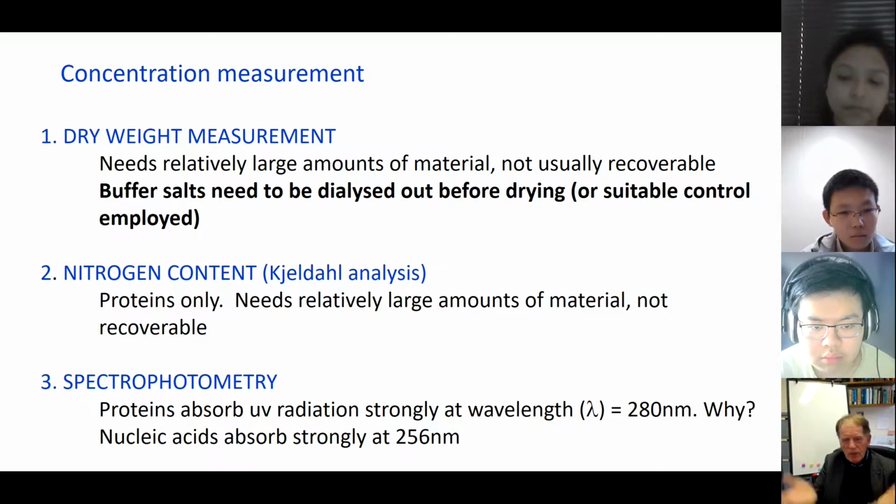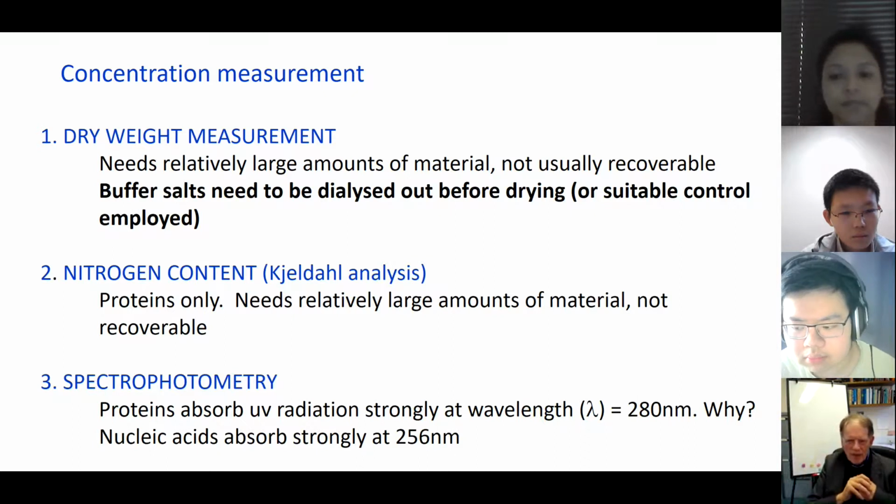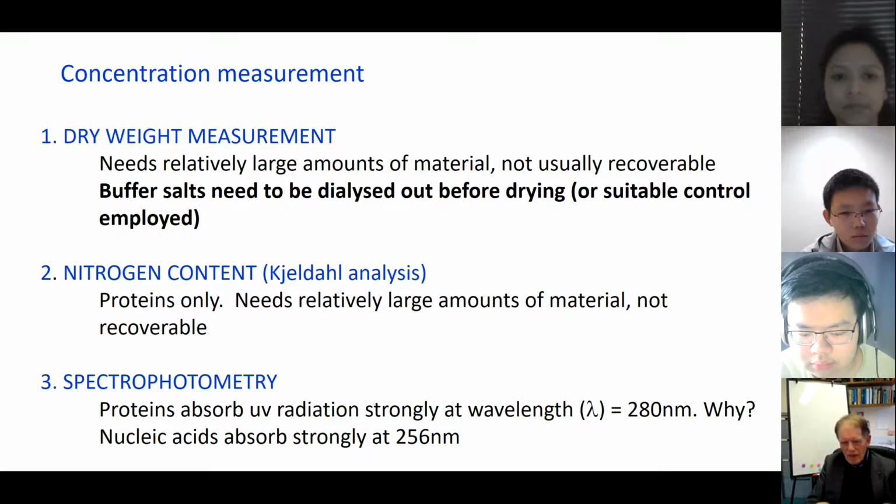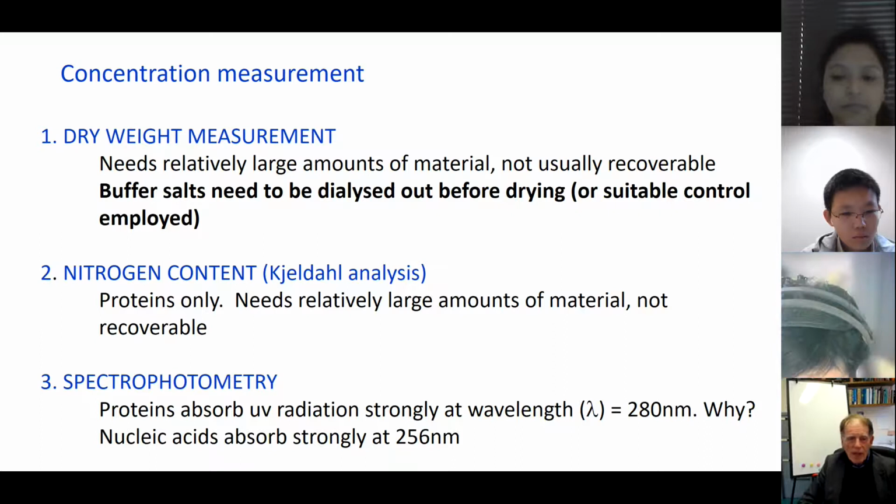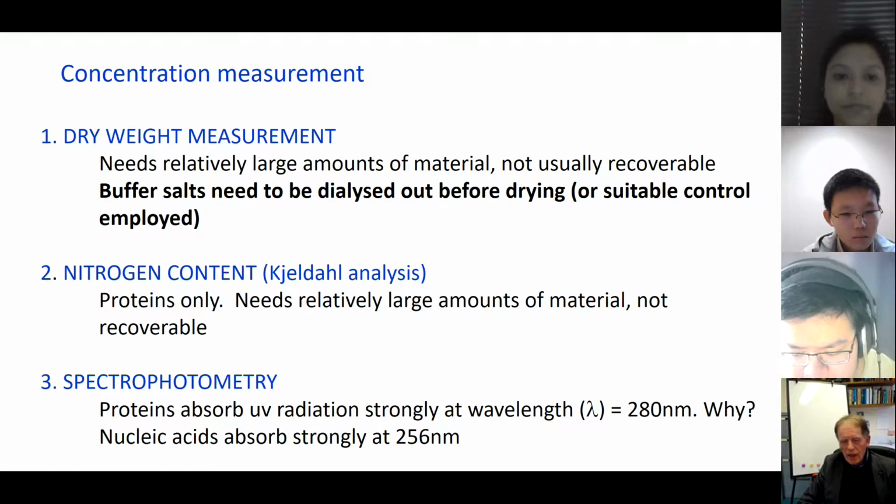That means first of all, you measure the volume of your solution, then evaporate off the water, and then you measure the amount of solid material left behind. That, in principle, could give you the dry weight concentration.